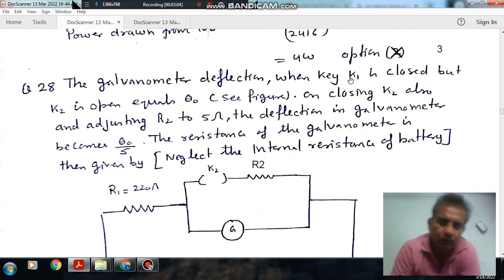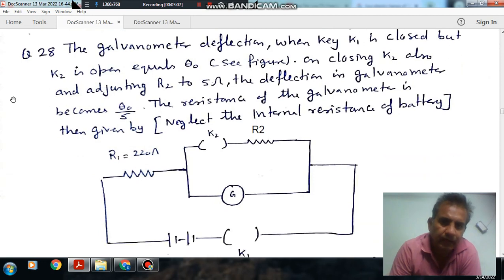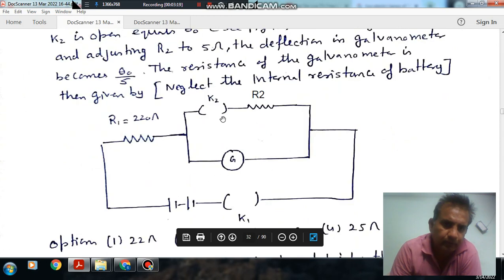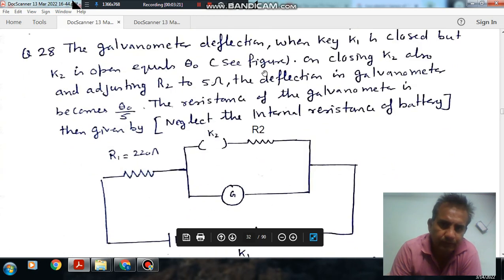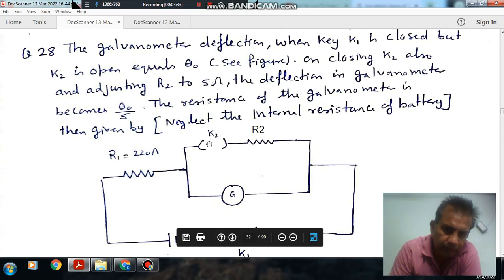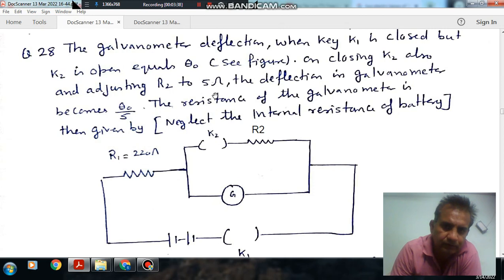Option 3 is the right answer. Next: a galvanometer deflection when the key K1 is closed but K2 is open. So this is key K1, it is closed and K2 is open, equals theta naught. See figure. On closing K2 also and adjusting R2 to 5 ohm, now K2 is also closed and resistance R2 is adjusted to 5 ohm.